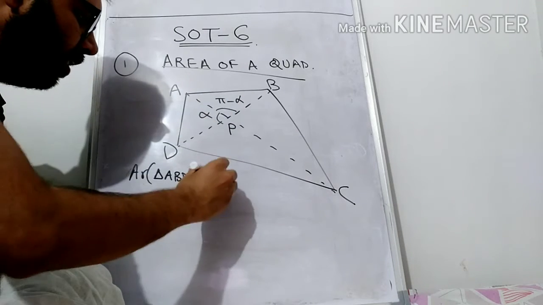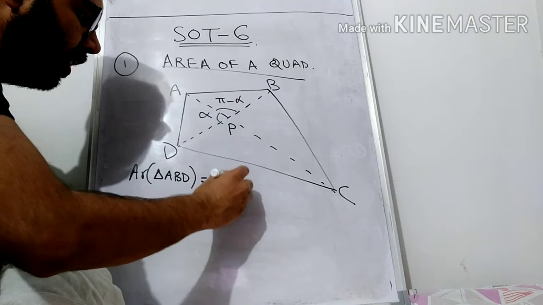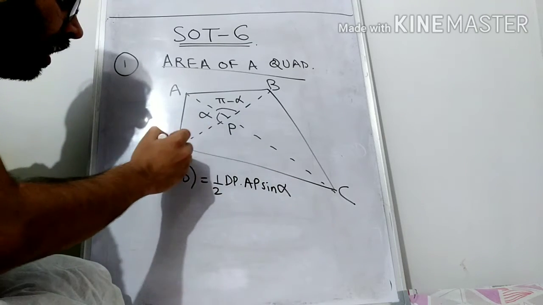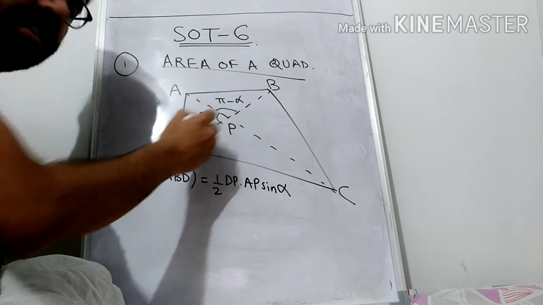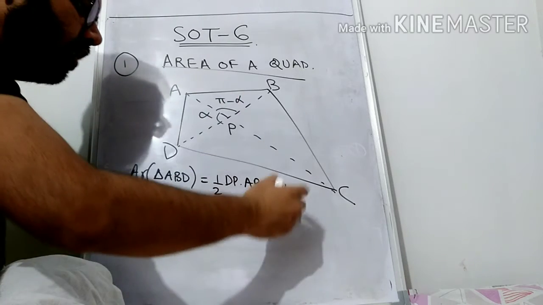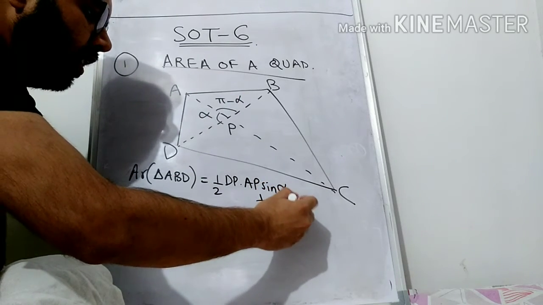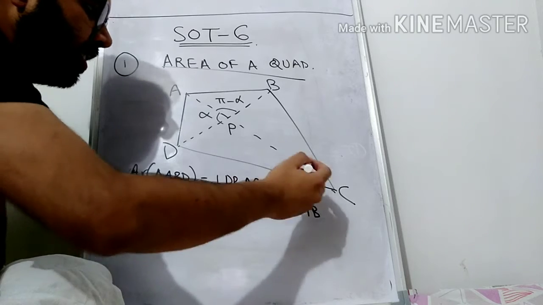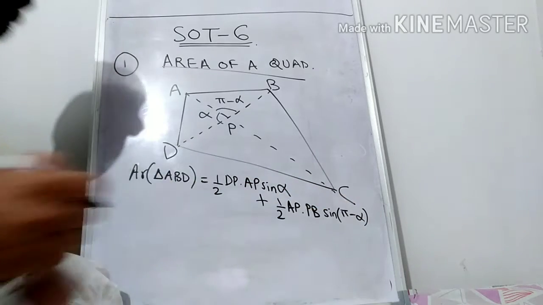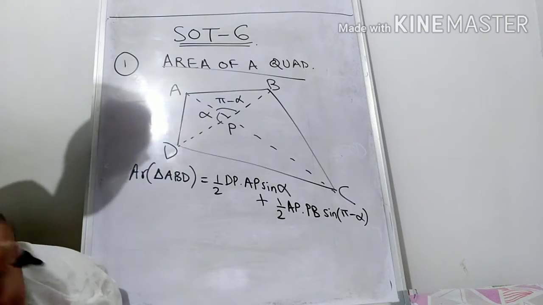For this triangle, the area will be half DP into AP into sine of alpha, the product of the two sides and the sine of the included angle, plus the area of this triangle, half AP into PB, and then sine of pi minus alpha, because this angle is pi minus alpha here.